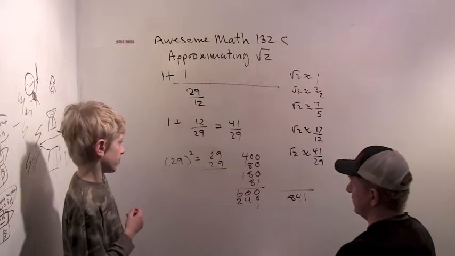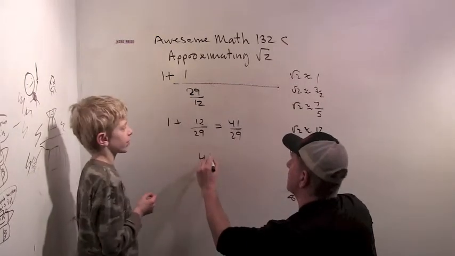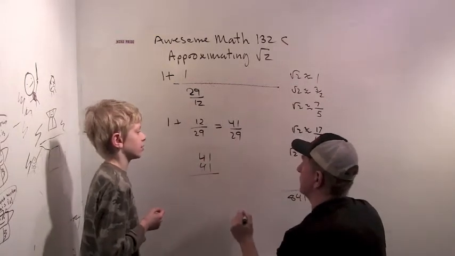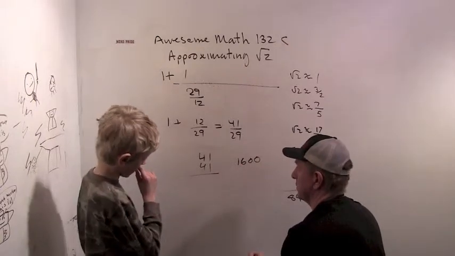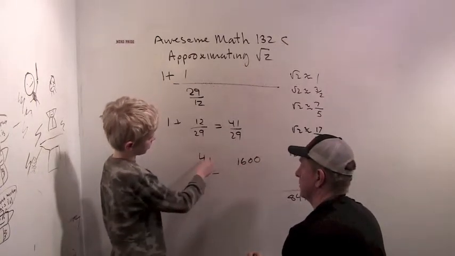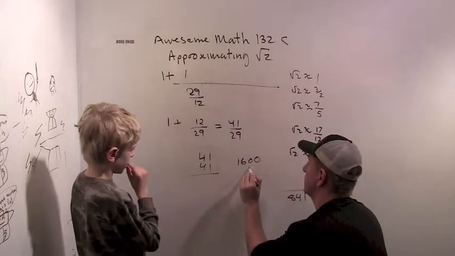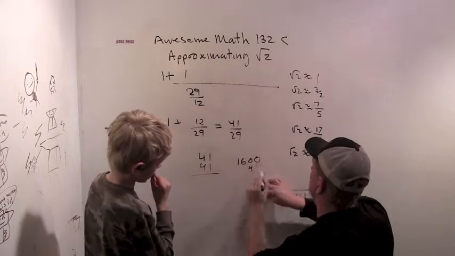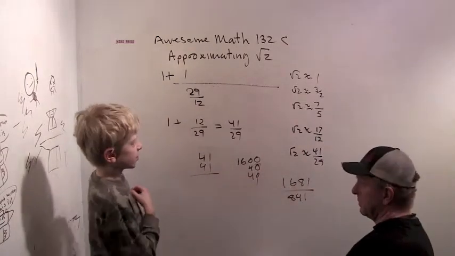And then we need to do 41 squared. Well, 40 squared is 1,600. Then you need to add 2 40s and another one, so it's 1681. 1681 over 841.